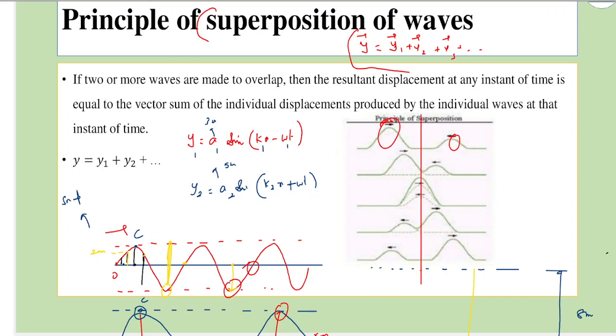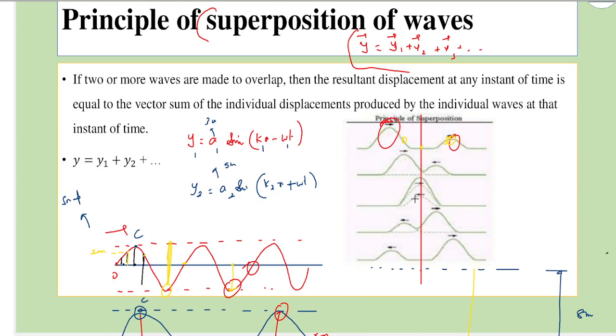If you look at this particle's displacement alone, here the waves have not yet reached, so it's at the mean position. When this comes first and this comes first, they try to pull it up. So this part and this part are trying to pull it up. When they superimpose, when this part and this part fall on it, it will have maximum displacement.